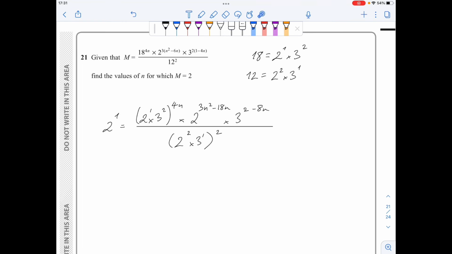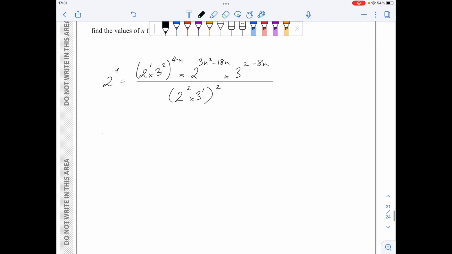Now I will proceed by multiplying this by 4n and these powers by 2. So let's move down. 2 to the power of 1 is equal to, and we get 2 to the power of 4n times 3 to the power of 8n times, and then the rest stays the same.